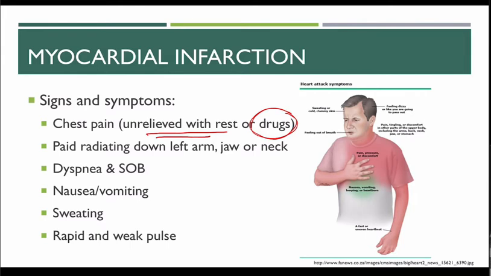You just put it beneath your tongue and it dissolves and gives you a very quick dose of nitroglycerin. So that will be a common approach that a patient would have to reduce their chest pain. And if they take their nitroglycerin and it does not relieve their chest pain, that is a negative finding. That is a bad sign for a myocardial infarction.